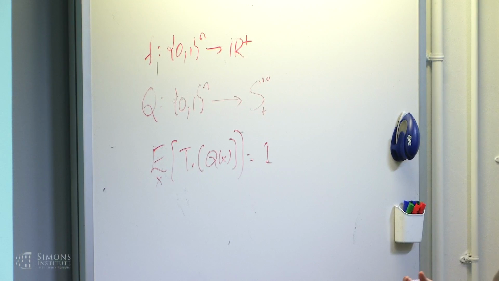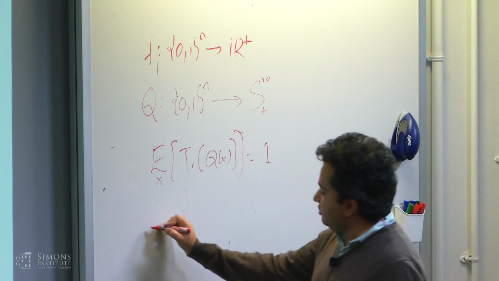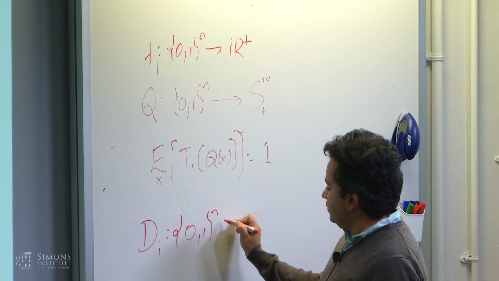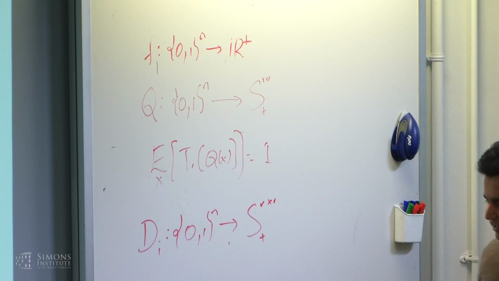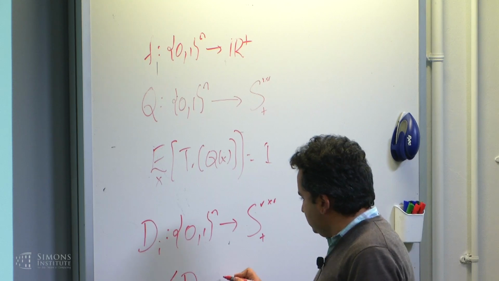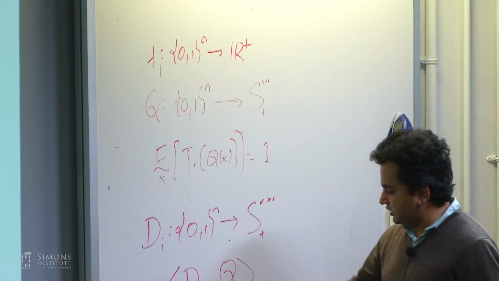And then you have a bunch of tests, but now all the tests are matrix valued tests. So you have a matrix valued function d_i, which also outputs an R cross R matrix. Right, and then the test is just you do this.